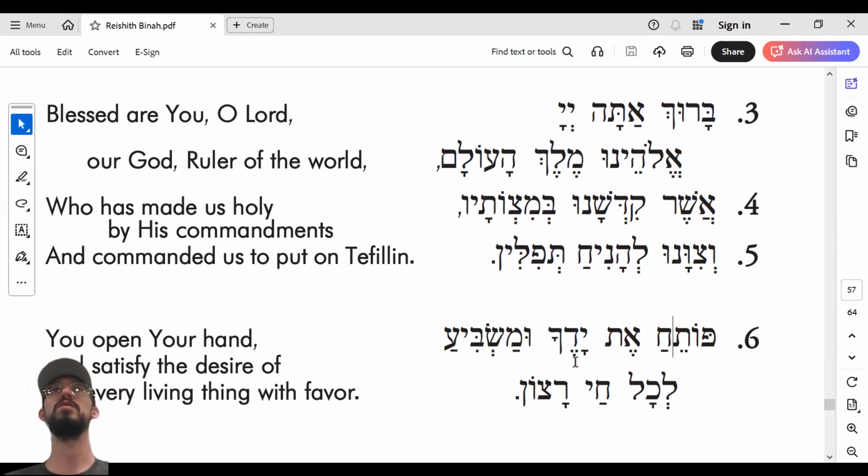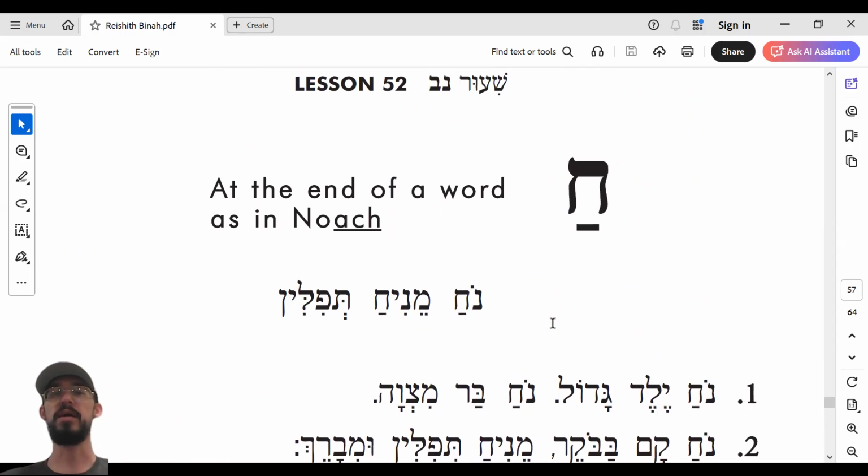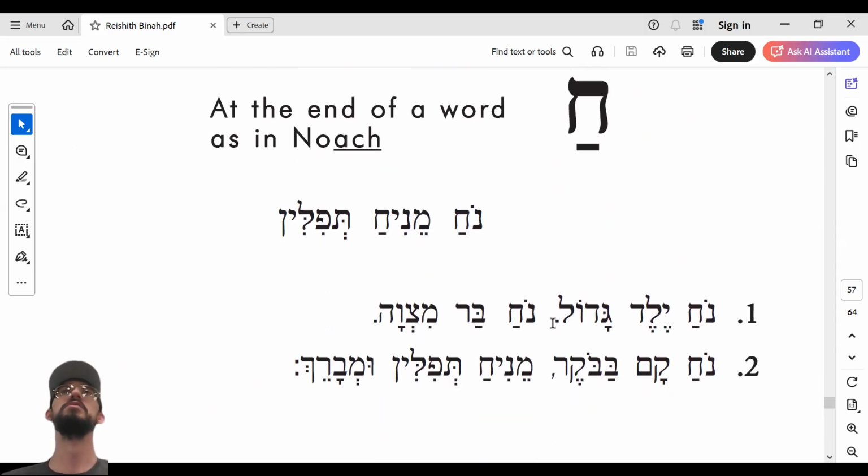So this is a segol, right? So yadeh. Was that ach or ha? So this is ha. What we need to get into the habit of is separating the kaf and the chet.